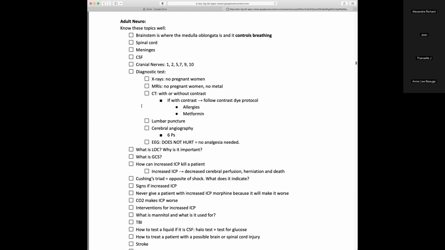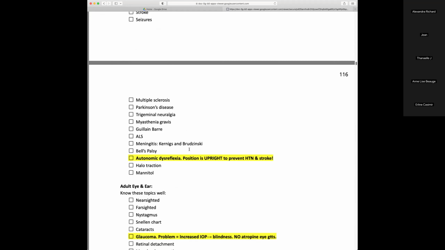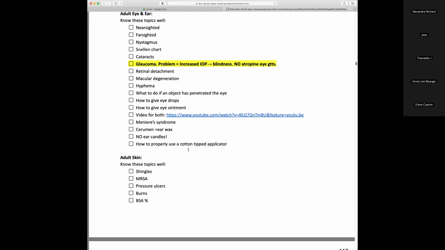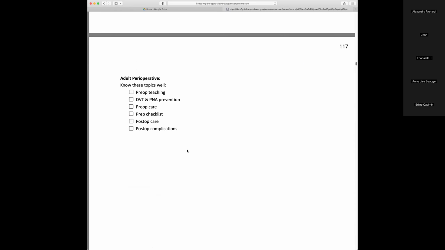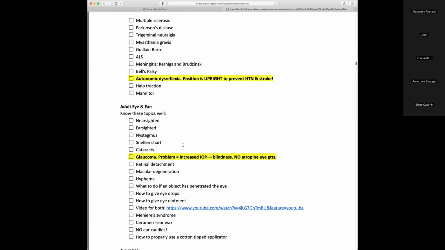And so my job is to make the information as easy to understand so that you can study more effectively. So you have to make sure that you are reading the entire chapter, and you have to make sure that you are going through this checklist and that you have at least read through all of these topics.